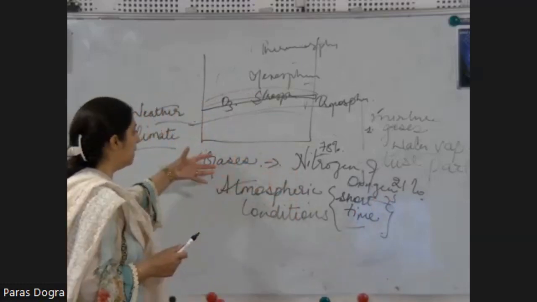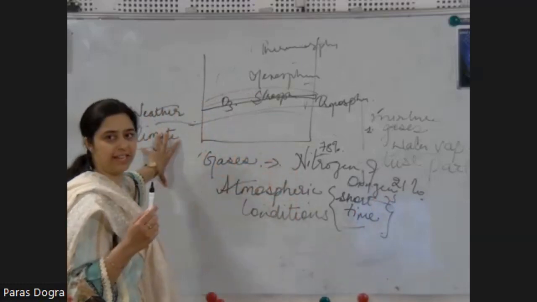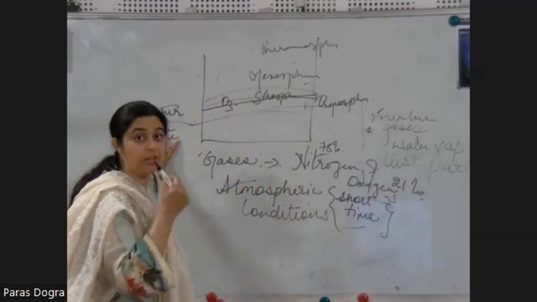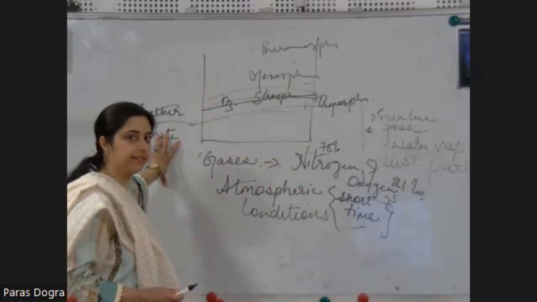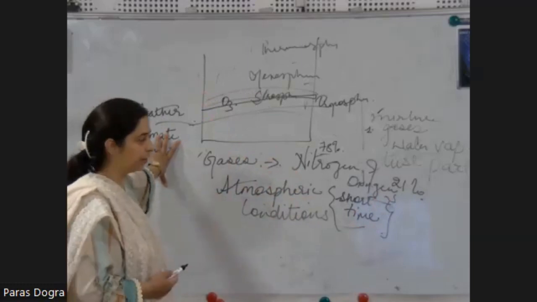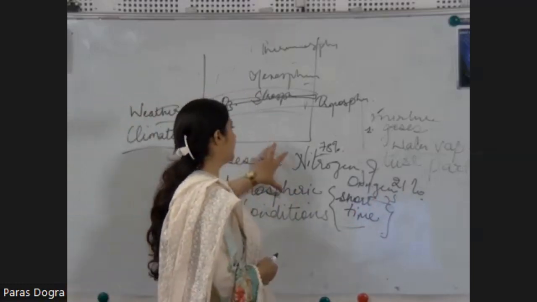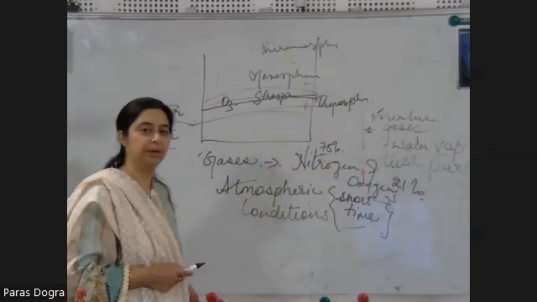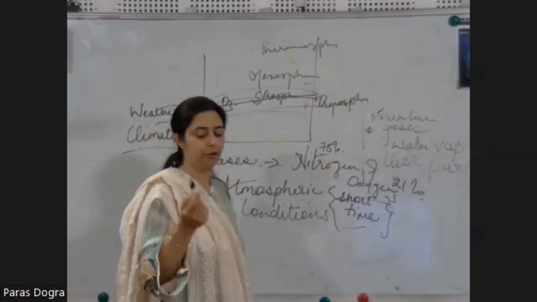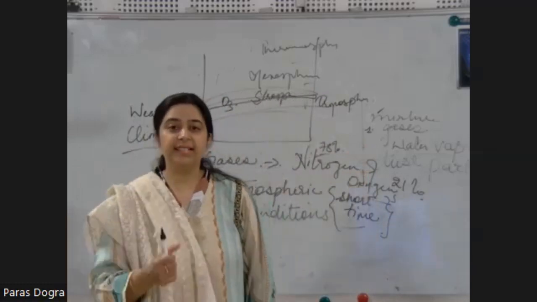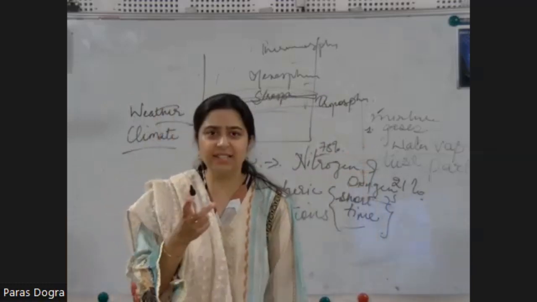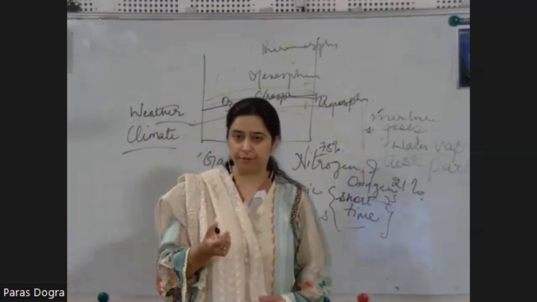Climate is not a matter of a day. It's actually a matter of a minimum of roughly 30 years. So we take the averages of 30 years and then we are able to decide the climate of a particular place. That's why we can say that weather keeps on changing, but climate is overall stable. For example, we know that India is a warm tropical country.